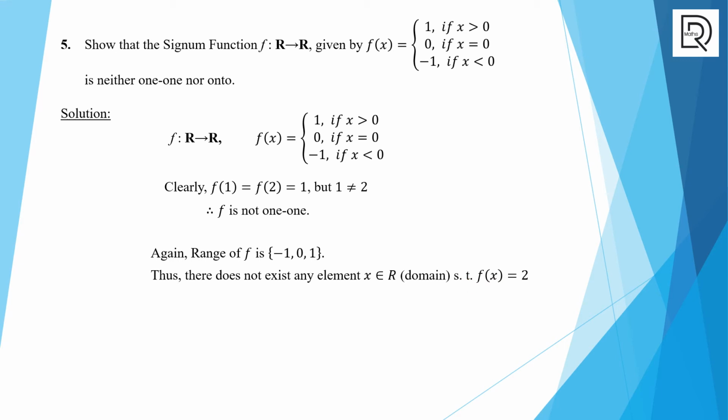If you take any value except these 3 points from the codomain, then you can't find the pre-image of those points. So therefore we can't find any pre-image of 2. So therefore f is not onto. So therefore the signum function is neither 1-1 nor onto.